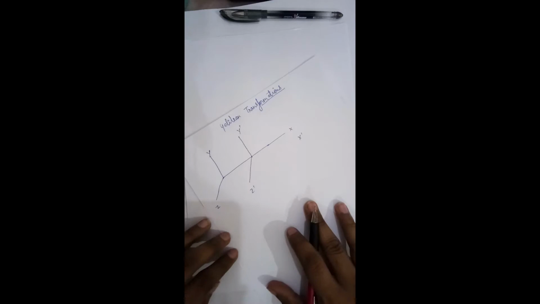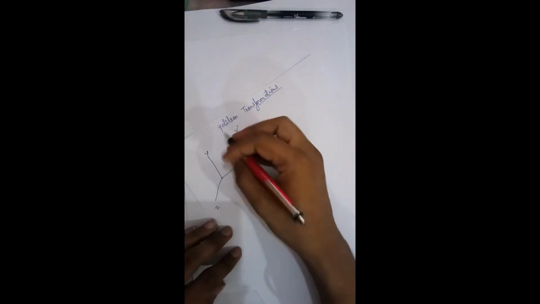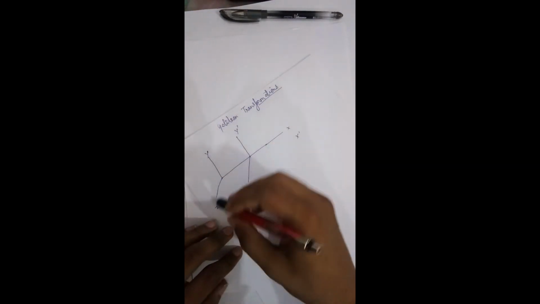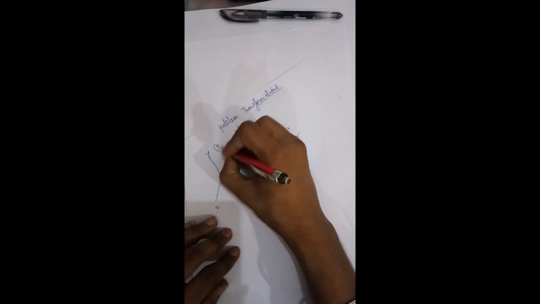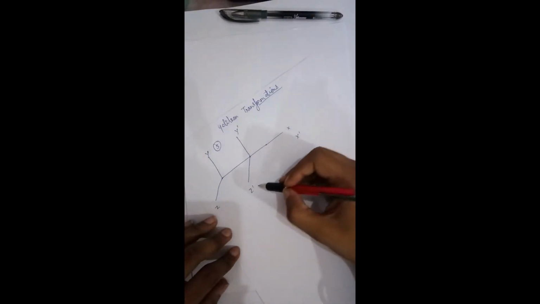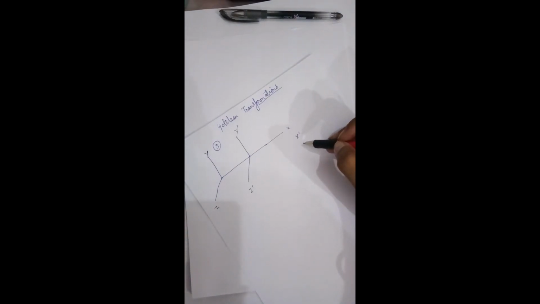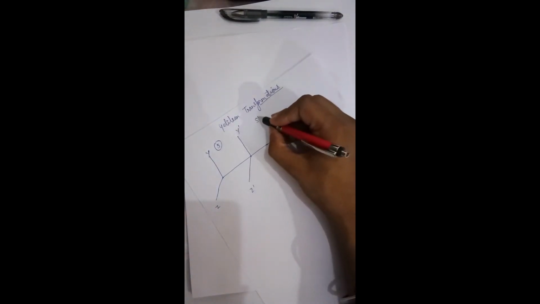As I already explained to you this diagram yesterday, this is the y, z and x coordinates of the stationary frame of reference, and this is the y dash, z dash and x dash coordinates of the non-stationary frame of reference.